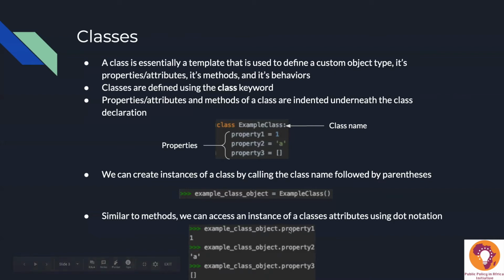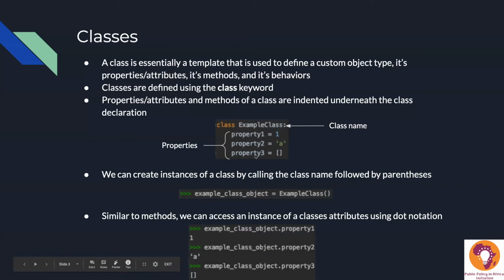This brings it full circle to what we saw on the previous slide, where I was just showing this screenshot to show how objects have properties. But in this slide, I've shown how I created the class and then how I created an instance of that class. This is just a single instance of the example class, and then I've referenced all the properties of that example class in the screenshot down here using dot notation again.